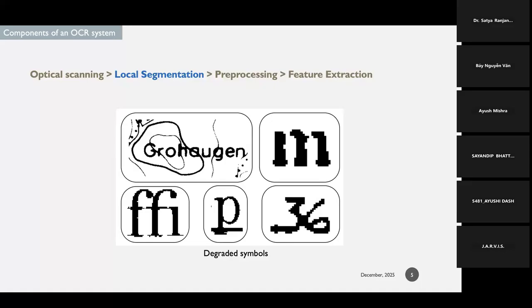First is extraction of touching and fragmented characters. Second is distinguishing noise from text. The third is mistaking graphics or geometry for text. And the last is mistaking text for graphics or geometry. Then here you can see the degraded symbols when we perform the segmentation task.